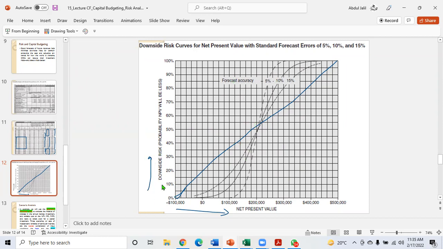So 10% to this much amount, then 20% to this much amount, 30% to this much amount, 40% to wherever the crossing point comes, exactly the same probability will happen. But if you deviate from that, then what will happen? The probability is high, but your net present values are low. If you are here in the low region, then the probability is low, but your values are higher, right?